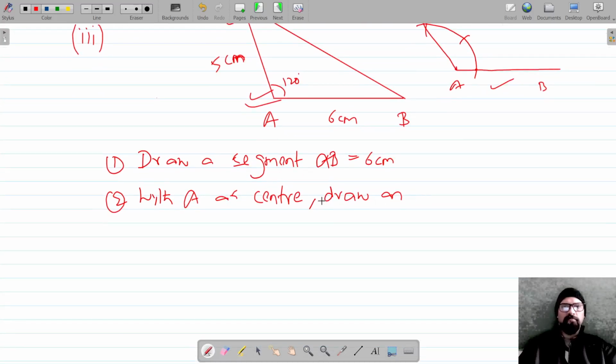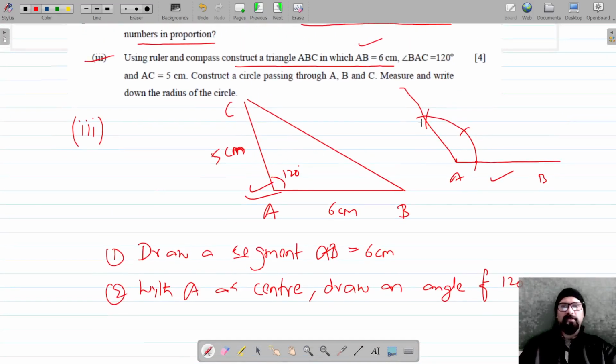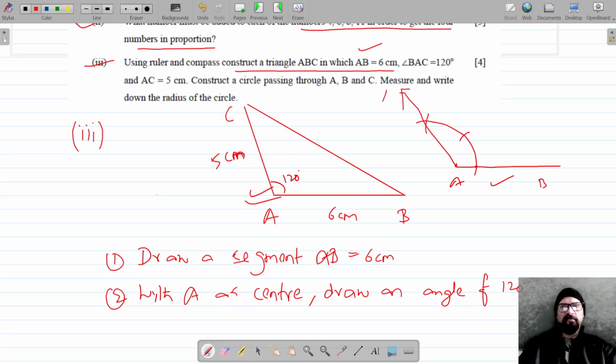So with A as center, construct an angle of 120 degree. So let's say this is the ray AX.